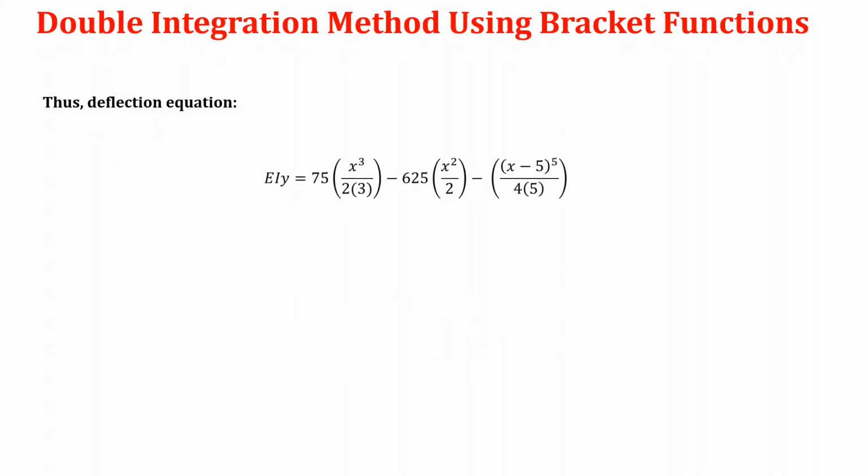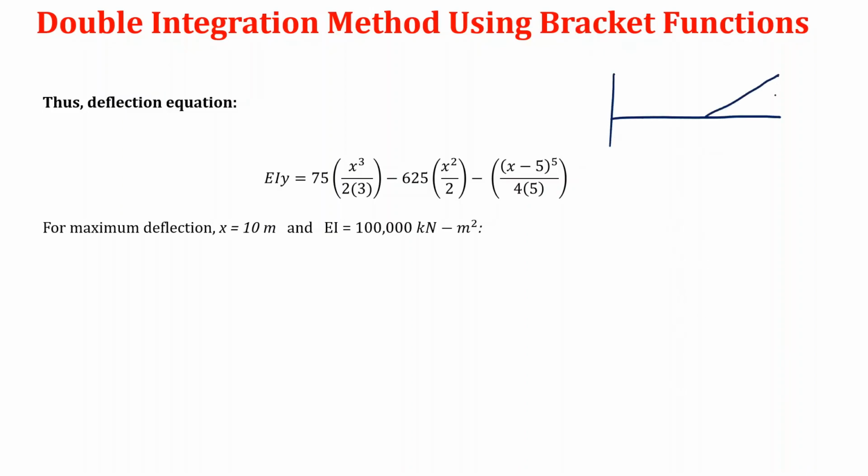No more C1 and C2. So, the maximum deflection is at the free end when x is 10. So, just substitute x is 10. Diba? That's why this is the figure, oh. So, 10 is the total here. So, when x is 10, that is y max.